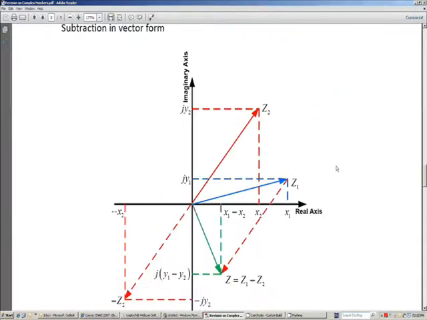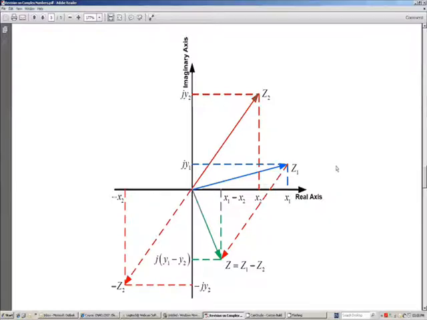And subtraction: if it is z1 minus z2, all you need to do is just flip z2, get the flipped version, which will give you minus z2. Alright, so once you have minus z2, then it is just a matter of adding z1 and minus z2 by doing the same geometrical construction that we did before.